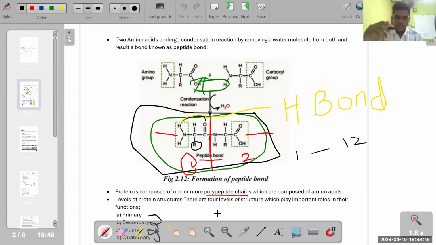The hydrogen bond, the yellow color one, is formed between the hydrogen atom of the nitrogen atom of the amine group and the oxygen atom of the carboxyl group of the same backbone. Is it correct or wrong?